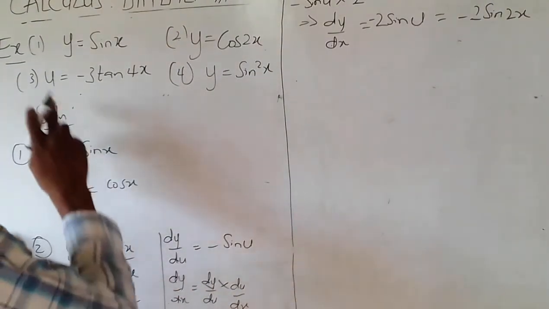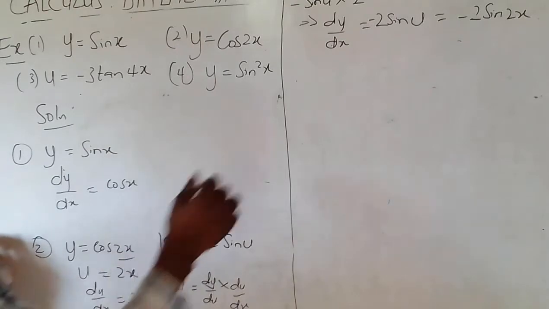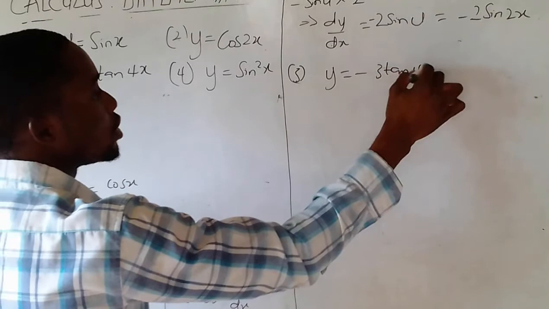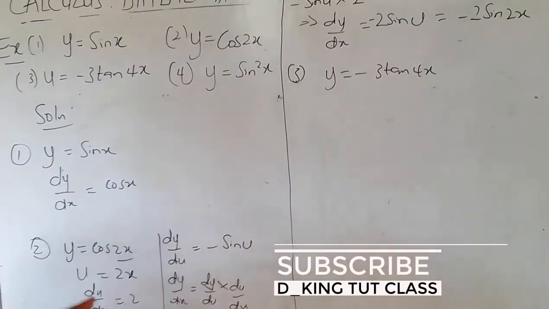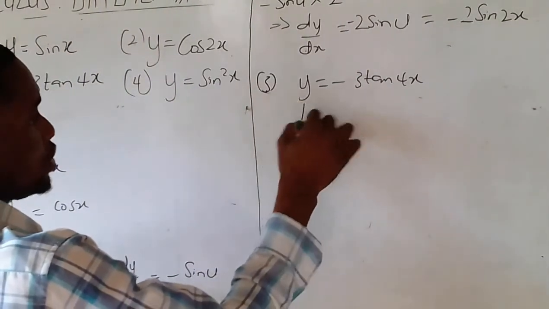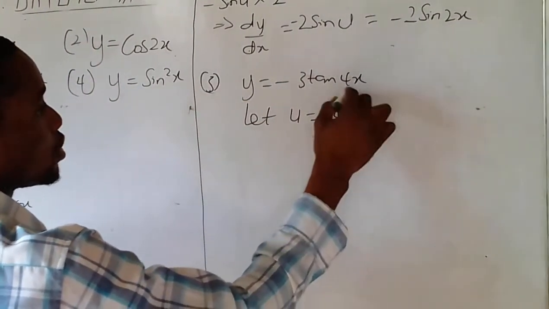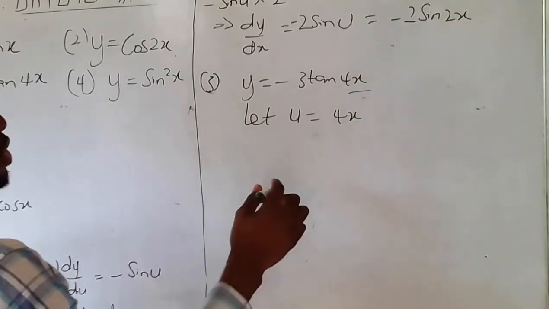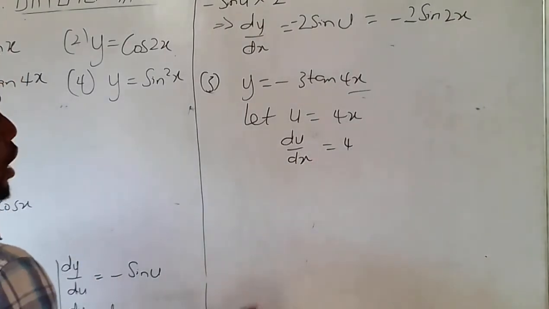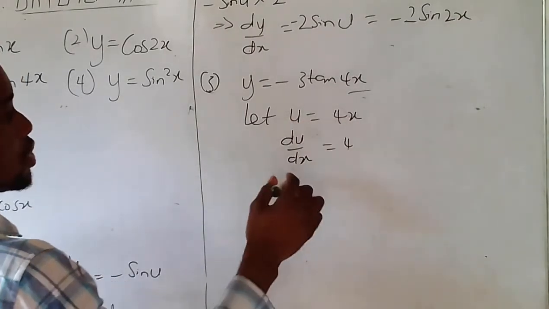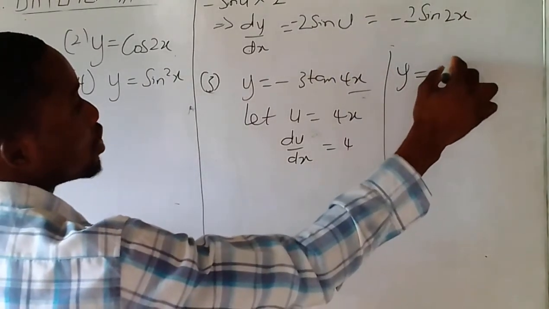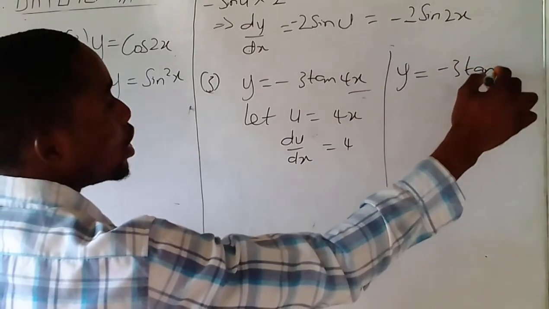Number 3. Given that y is equal to minus 3 tan 4x in this case. Apply the same method that we did in number 2. We are going to say let u be 4x. When u is equal to 4x, it implies that du/dx is 4. And then, since u is equal to 4x, I will have my y to be equal to minus 3 tan u.